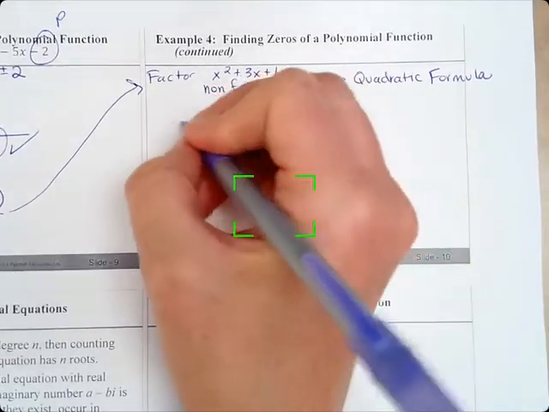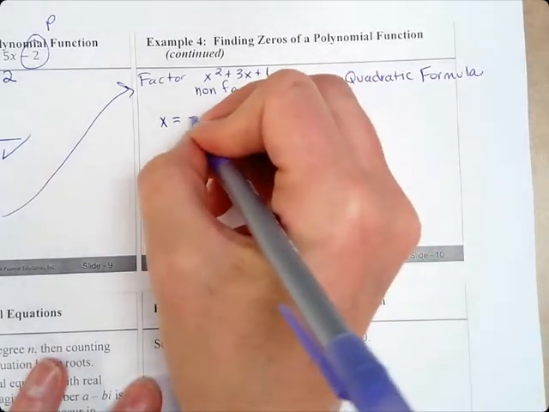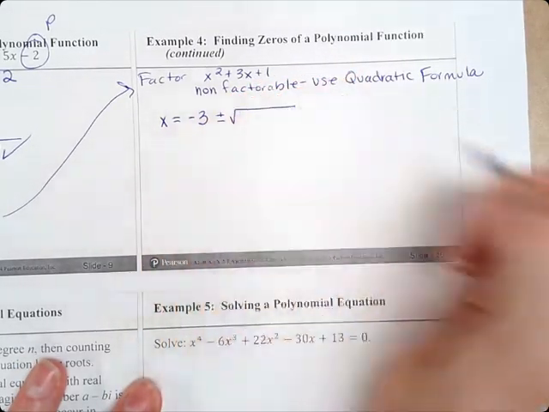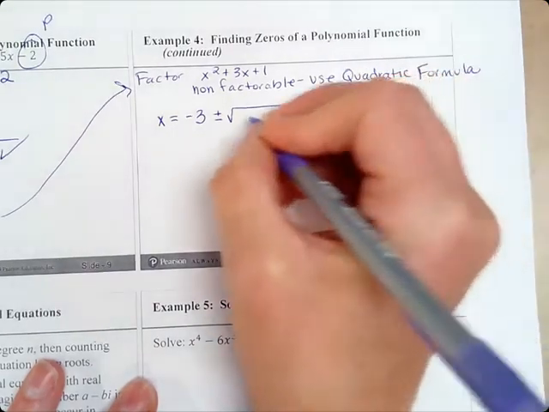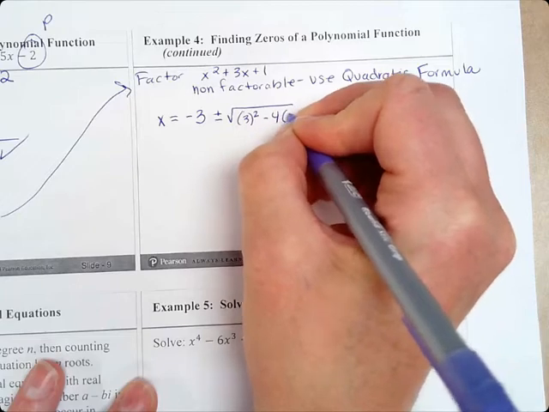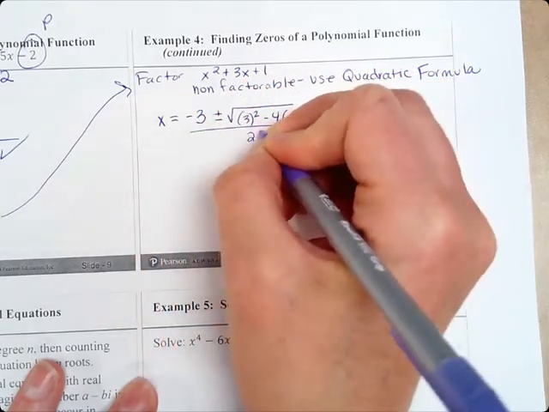So x equals negative b. So negative 3 plus or minus the square root of b squared, so 3 squared, minus 4ac, 4 times 1 times 1, all over 2a.